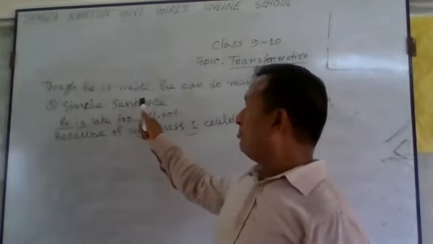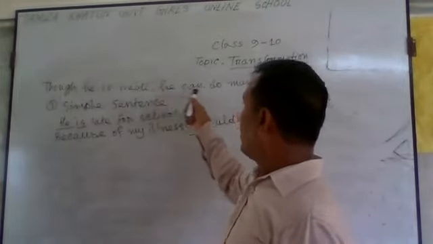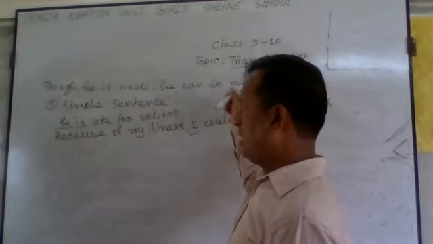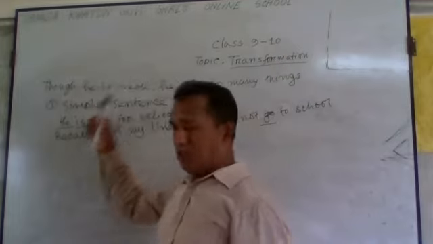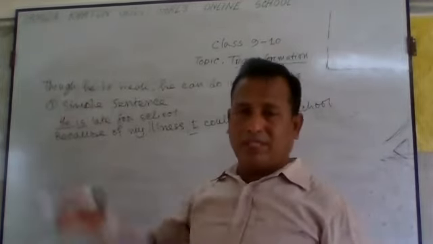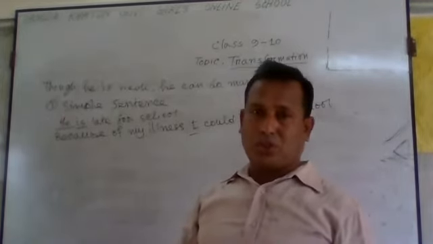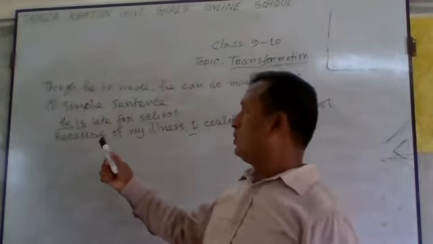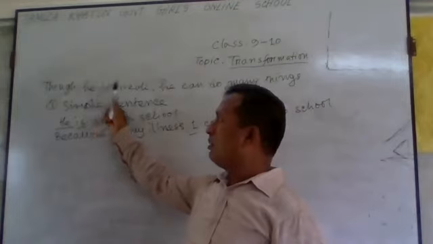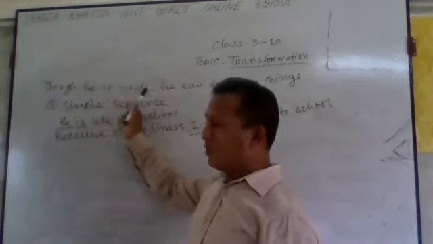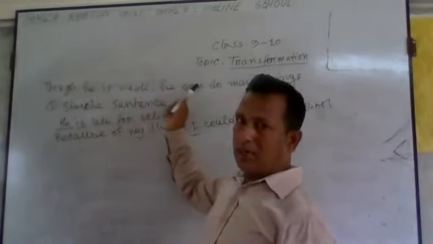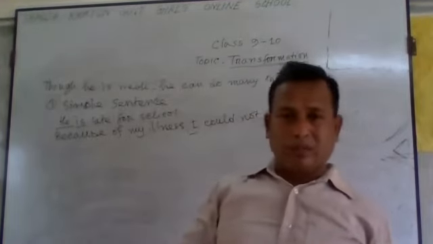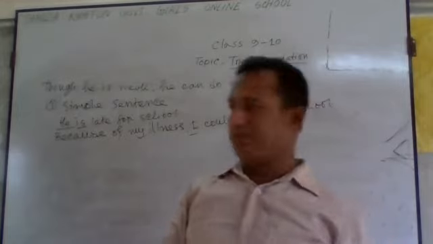Here, he can do many things, this is the principal clause. And though he is weak, that is the subordinate clause. Okay. So, according to structure, as there is one subordinate clause and one principal clause, that is the complex.